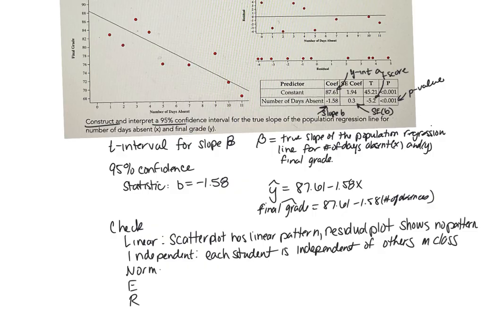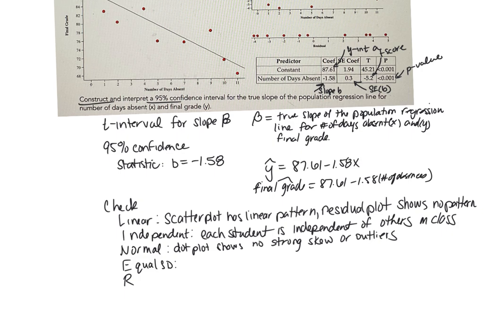Normal, N. We look at the dot plot of the residuals. So the dot plot shows no strong skew or outliers. E stands for equal standard deviation. The residual plot is equally spread.